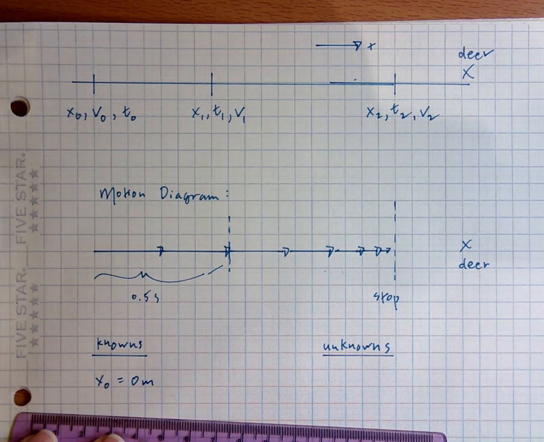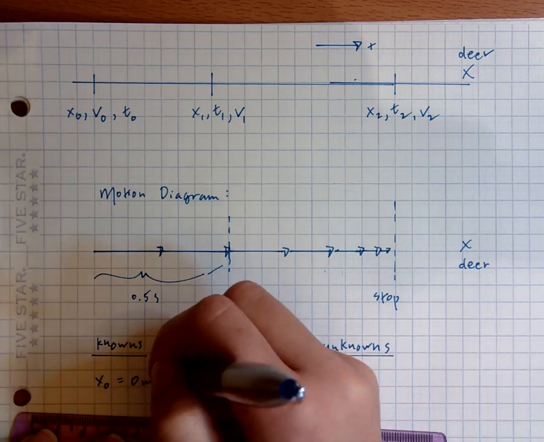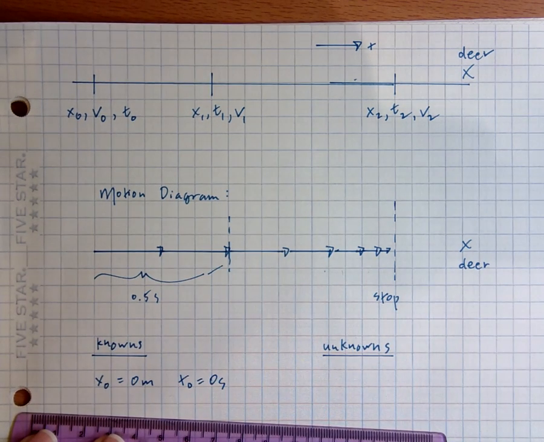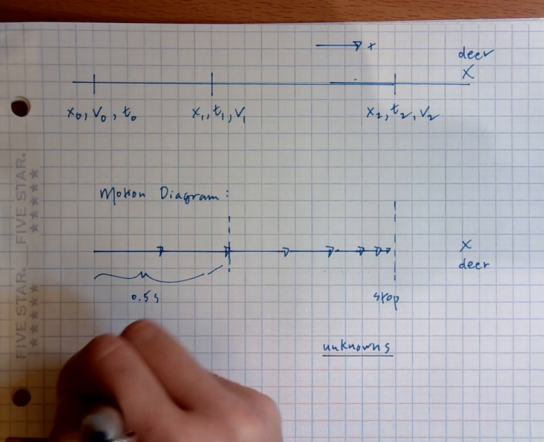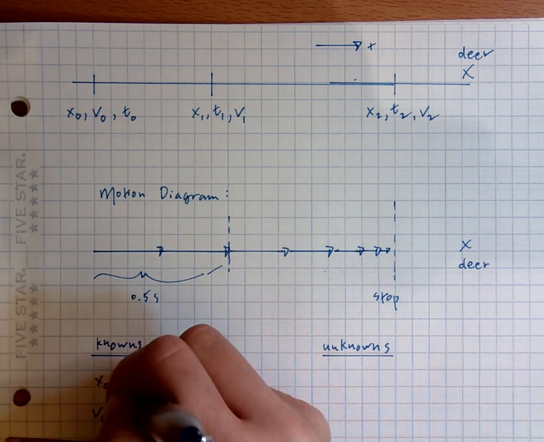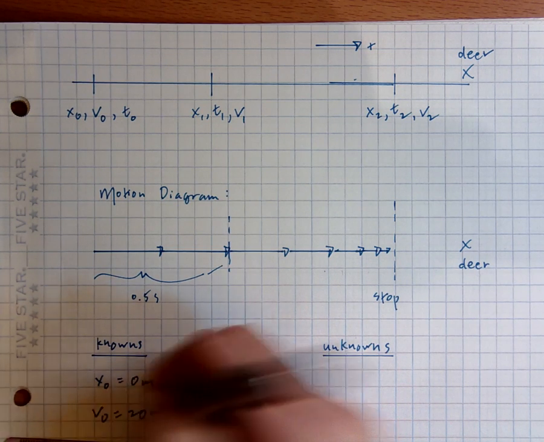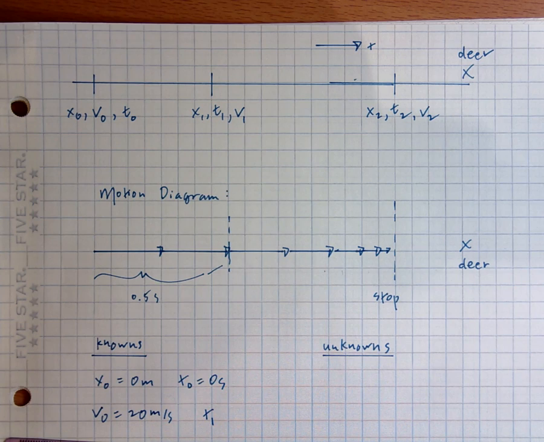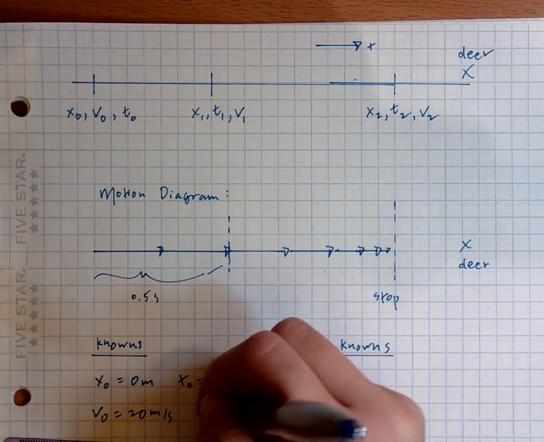They didn't tell us that, but that makes good sense. Set your origin at the initial point of the problem, call it 0 meters. The same with time. Start your stopwatch at that initial point, call it 0 seconds. We also know the initial velocity, v naught, is 20 meters per second in the positive direction. We know the time between t naught and t1 is 0.5 seconds.